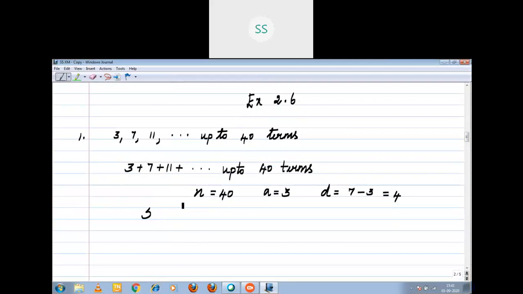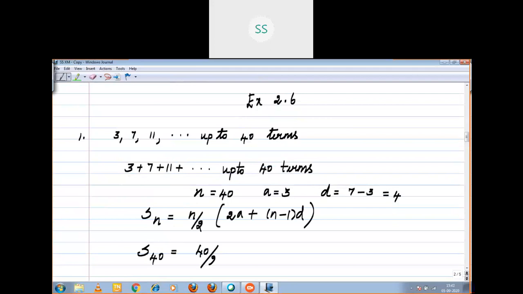Sn equal to n by 2 into 2a plus n minus 1 into d. S40 equal to 40 by 2 into 2 into 3 plus 40 minus 1, where the common difference is 4.